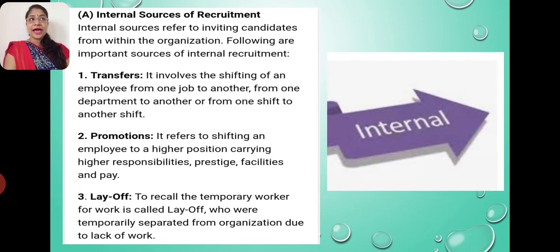So it has a great psychological impact over the employees, because a promotion at a higher level leads to a chain of promotion and will motivate them to work efficiently and effectively, which is good for the organization. So transfer is a horizontal movement and promotion is vertical movement.